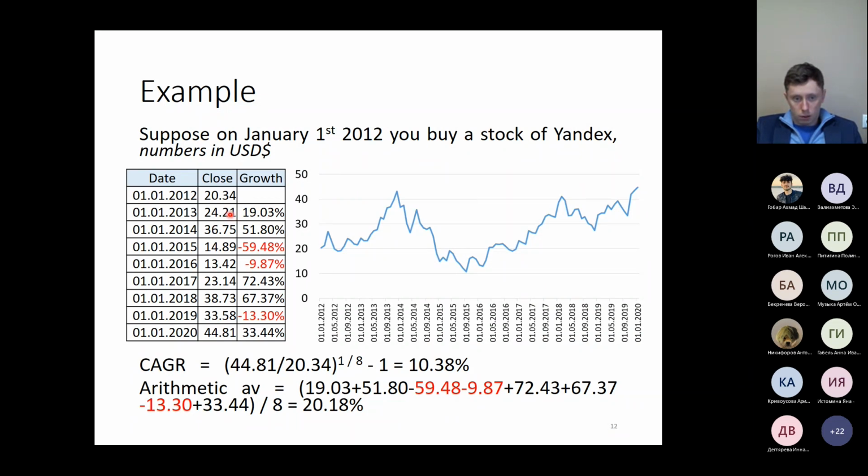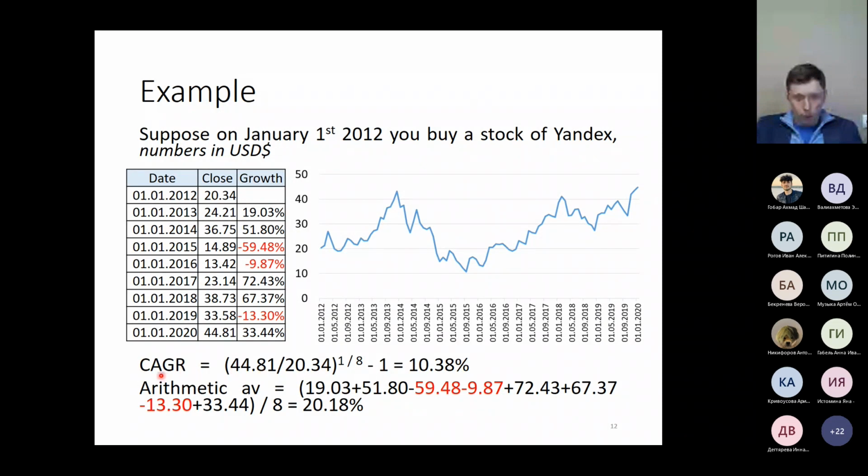We divide this by that, minus 1, and we get the growth or return. We might also write here, in this case it would be a synonym. You see, some periods were successful, others were not that successful. There are instances where the stock price fell by 60% within the year. So in this period there was a huge fall in the price.